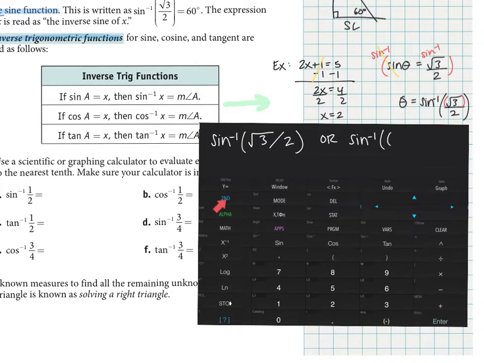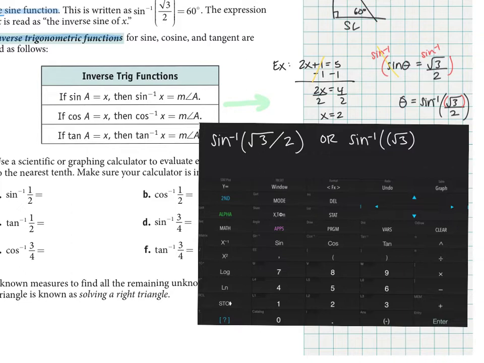Then we can go ahead and click the second x squared button. What will pop up is a square root button. Then we type in our 3. Again, you want to make sure you hit that right arrow button so the square root sign doesn't carry on anymore. Then we click divided by, not yet though. We want to click the close parentheses because we're essentially putting that extra set of parentheses around here.